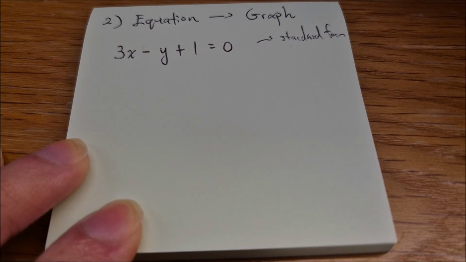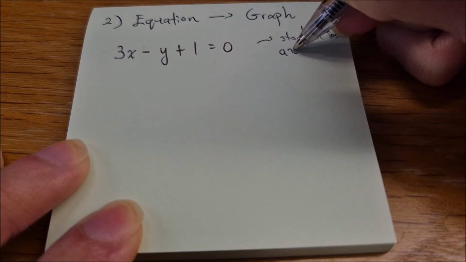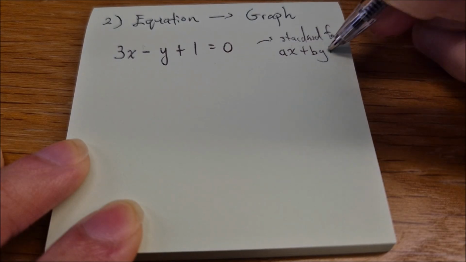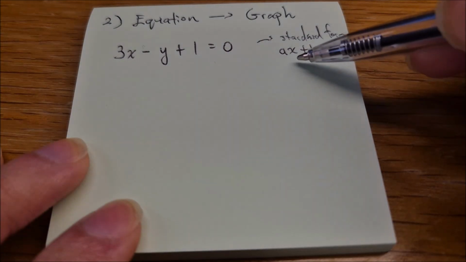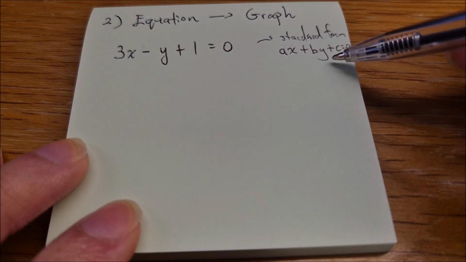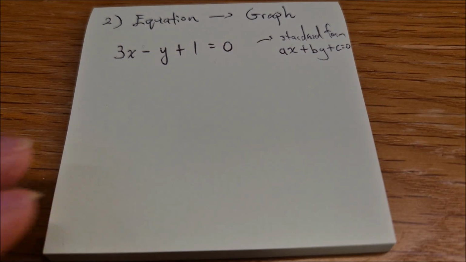This is just another way of writing the same thing: ax plus by plus c equals 0, where a and b are coefficients of x and y, and c is the constant.